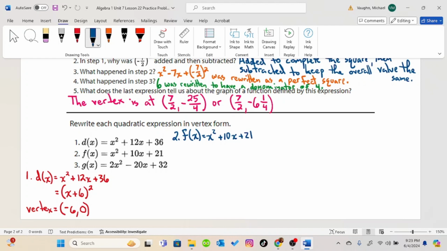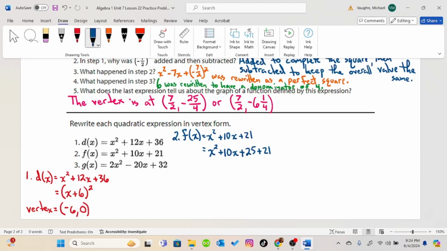This is not a perfect square, so we are going to take 10 and divide it by 2, which is 5, and square it, which is 25. And that's what we're going to add to complete the square.